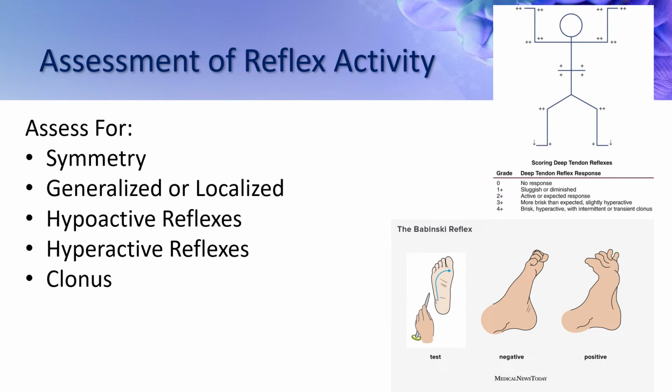Now on to the assessment of the reflex activity. And I wanted to add, when you're assessing things like the reflexes or the motor function, again, this is where a good patient history comes into play. To help you know if they're not able to do these things, is there something in their past that is causing that?